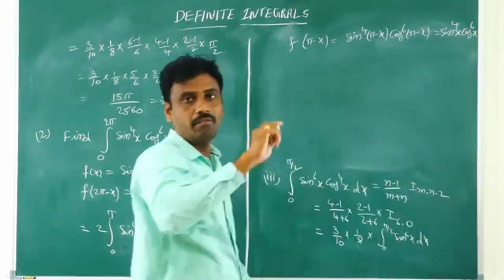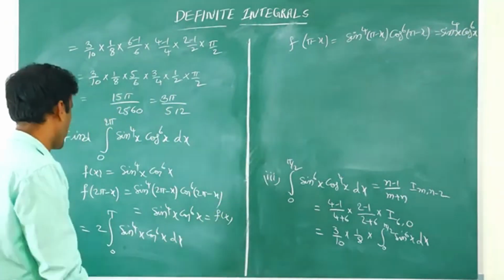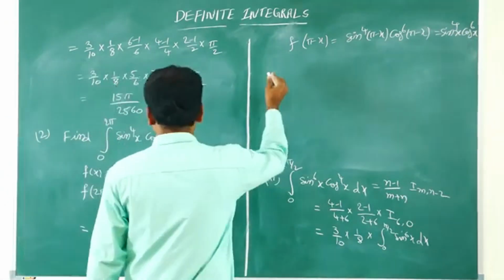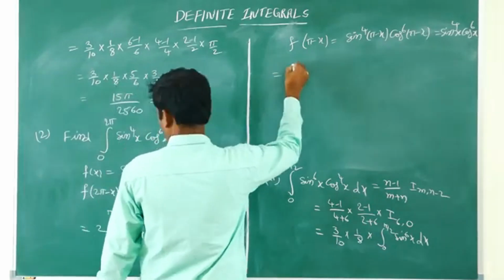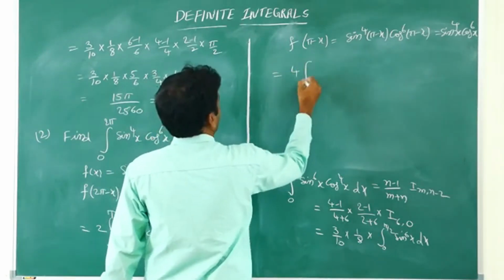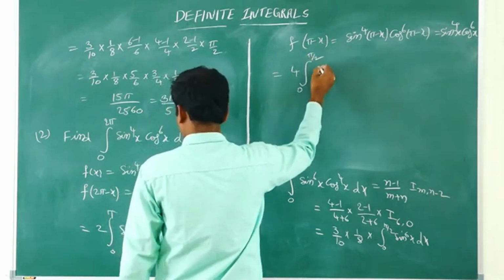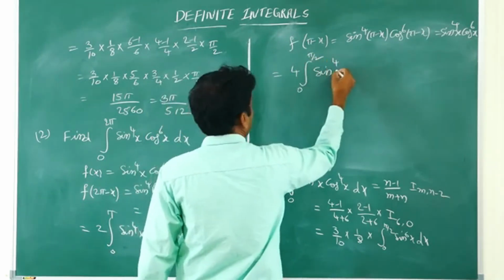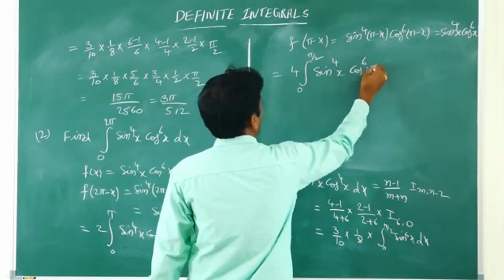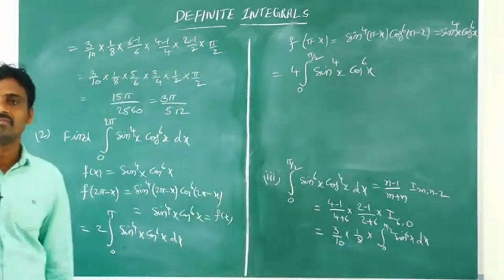That is f of pi minus x equal to f of x. Therefore the problem becomes 4 into the integral 0 to pi by 2 of sin power 4x cos power 6x.